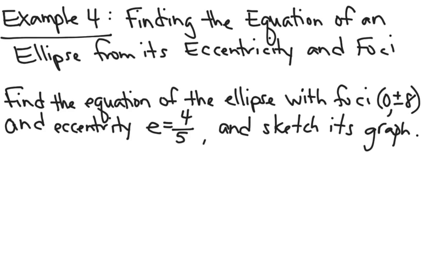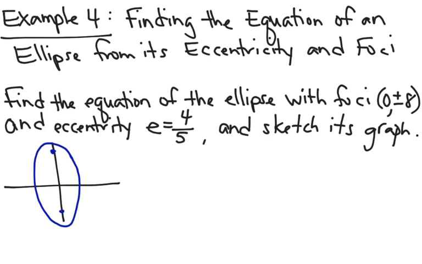Next, is it elongated horizontally or vertically? Well, that depends on where the foci are. Remember, I said that the foci always lie on the major axis. So if the foci are at 0, 8, and 0, -8, that means that the ellipse looks like this. It's elongated vertically.